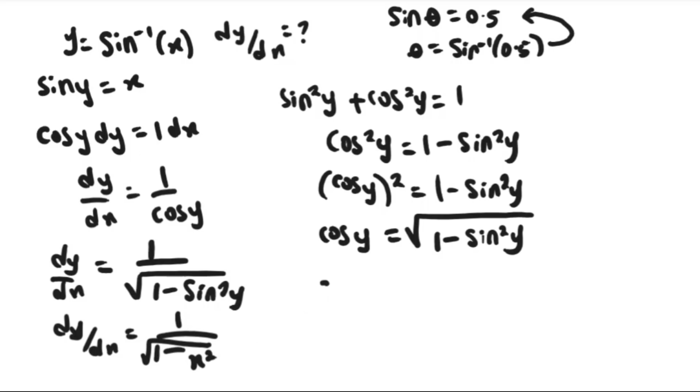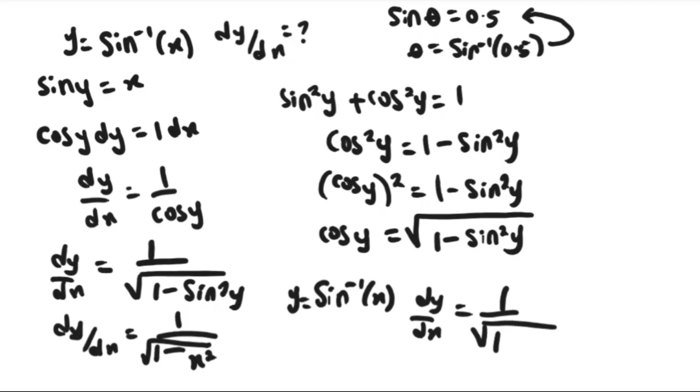So that's why if we differentiate y equal to the sine inverse of x, dy/dx will give you 1 over the square root of 1 minus x squared, which is also a standard derivative that you are supposed to know offhand as a calculus student.